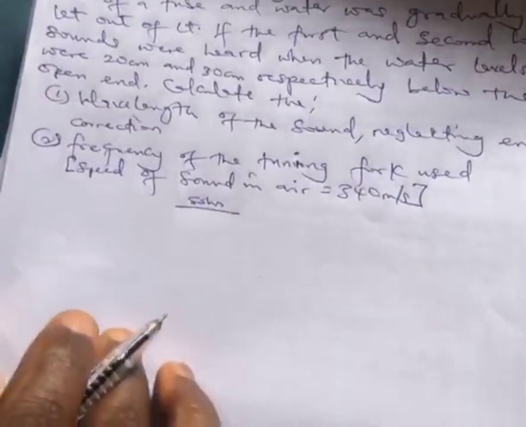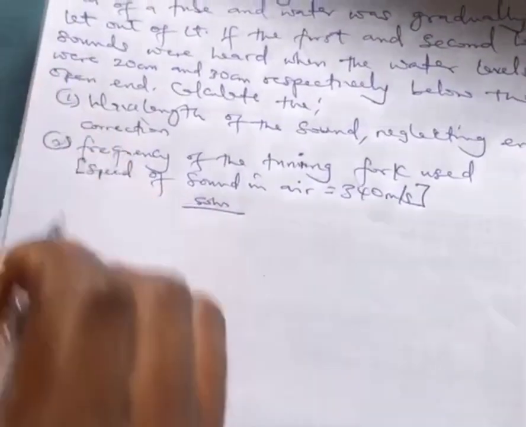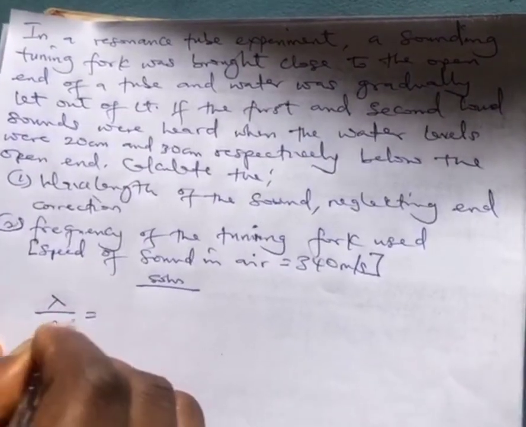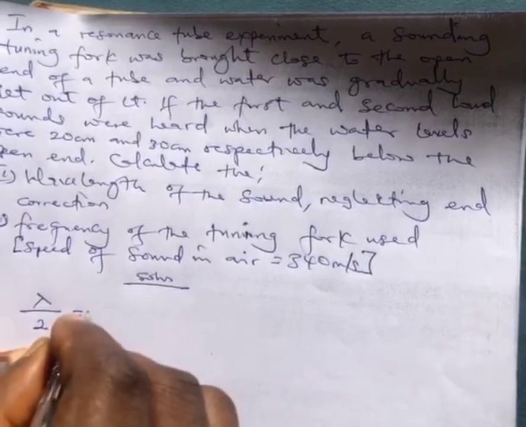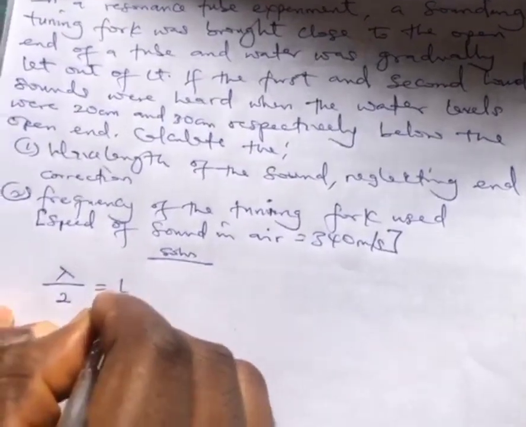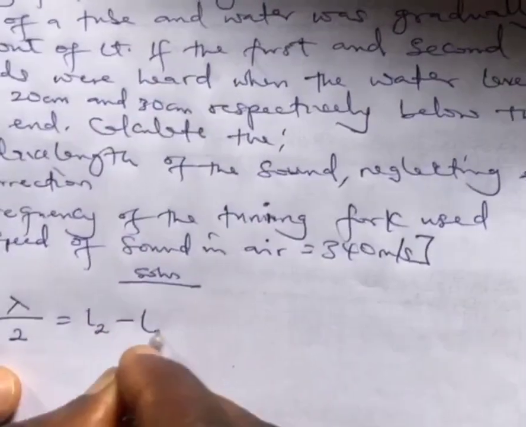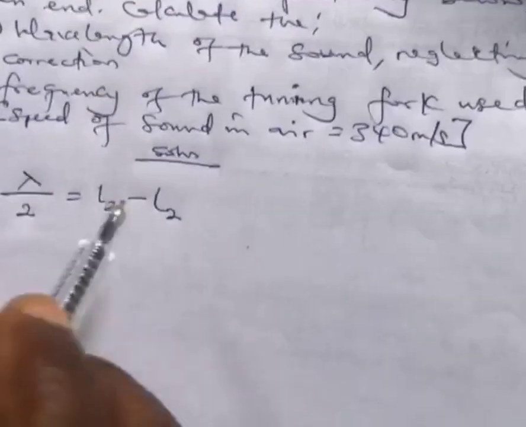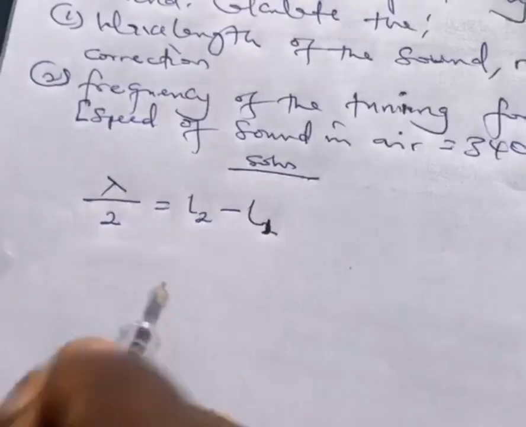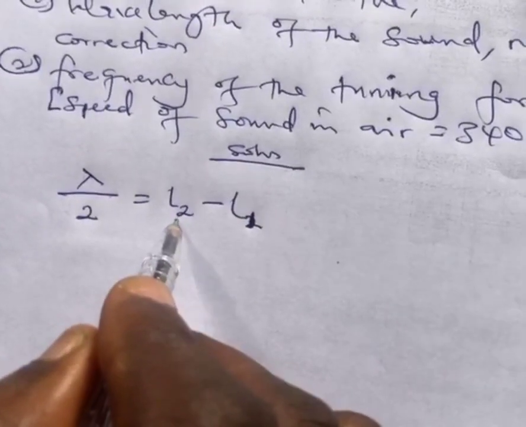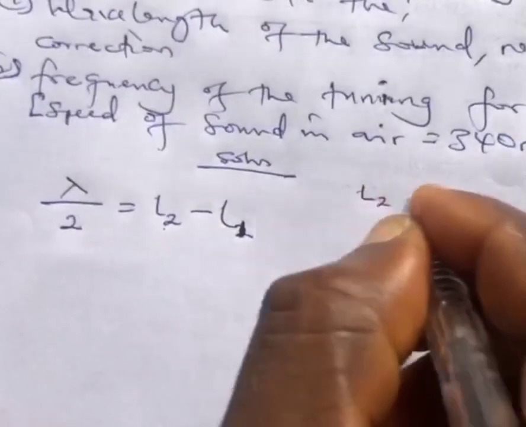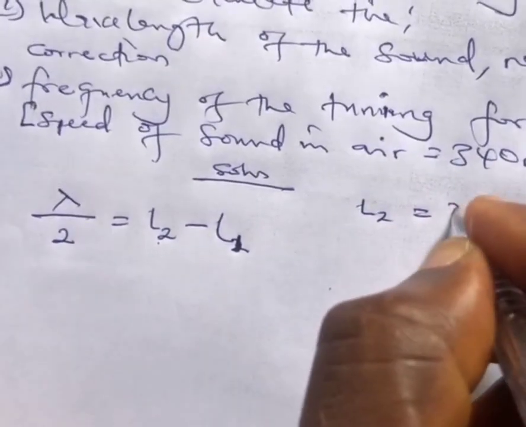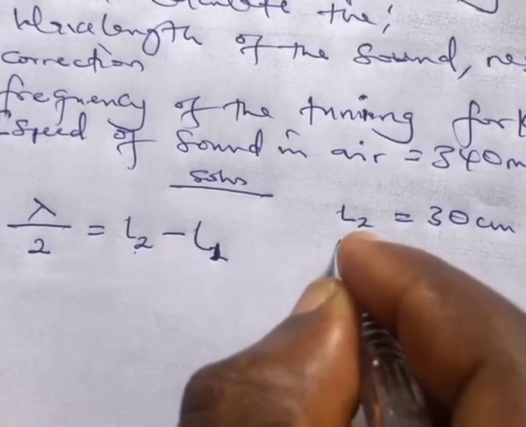The solution. We all need to understand that wavelength over 2 will be equal to the difference between the lengths of the column, the tube. Which simply means L2 minus L1. L2 is 30 cm.